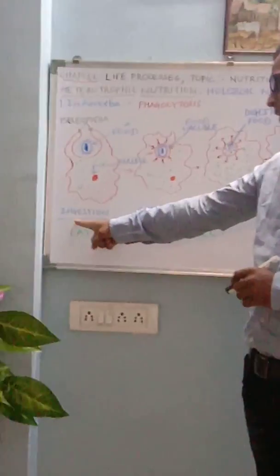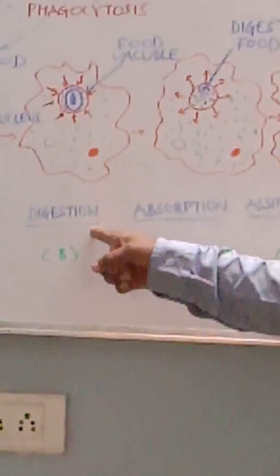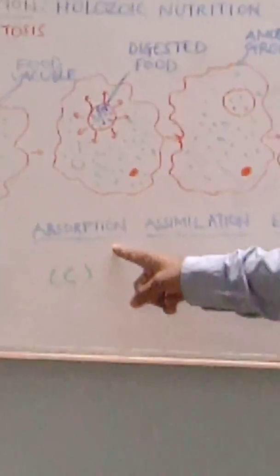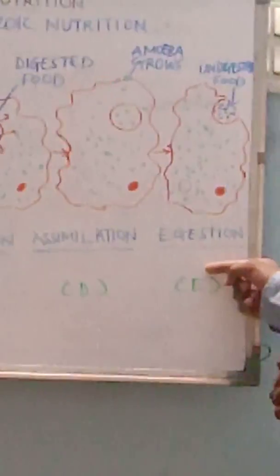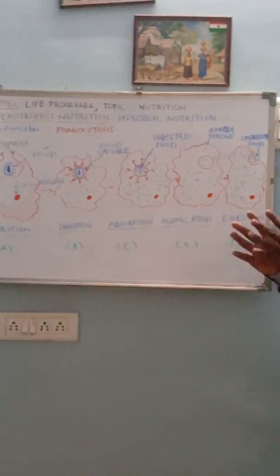Step number 1 is ingestion. Step number 2 is digestion. Step number 3 is absorption. Step number 4 is assimilation. And step number 5 is egestion. So always these 5 steps are in the same sequence or in the same order.